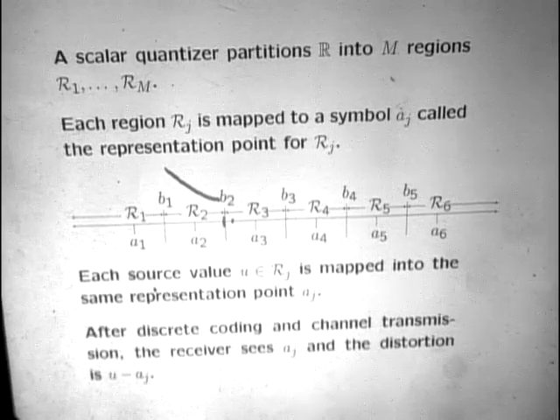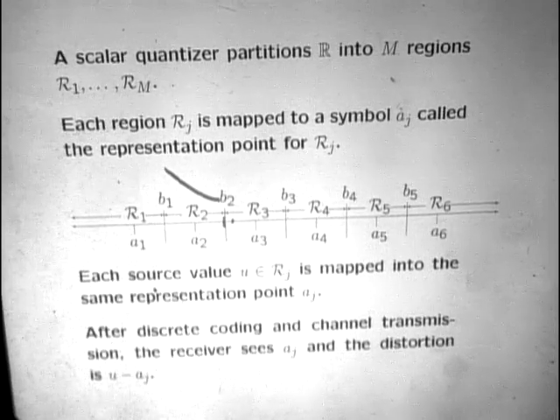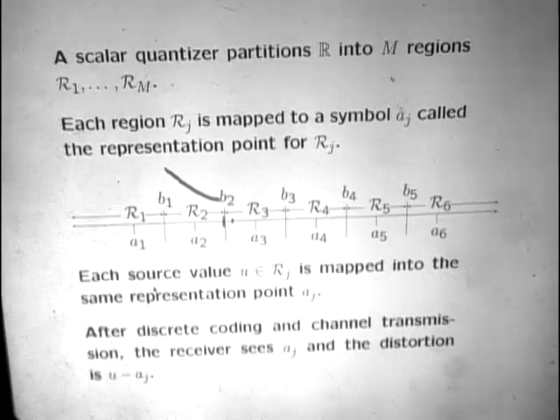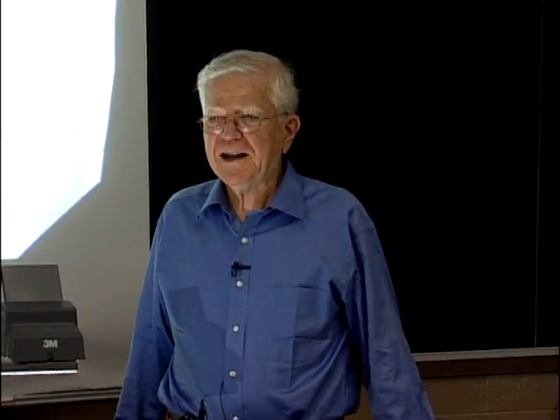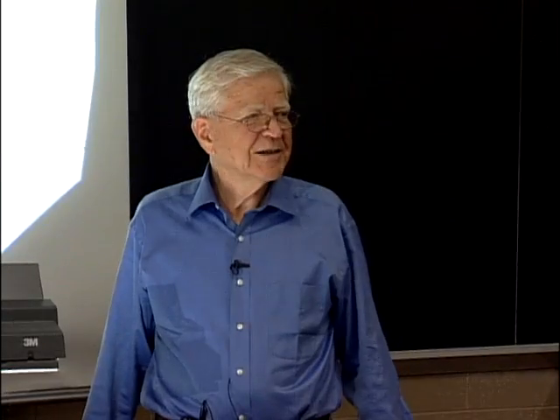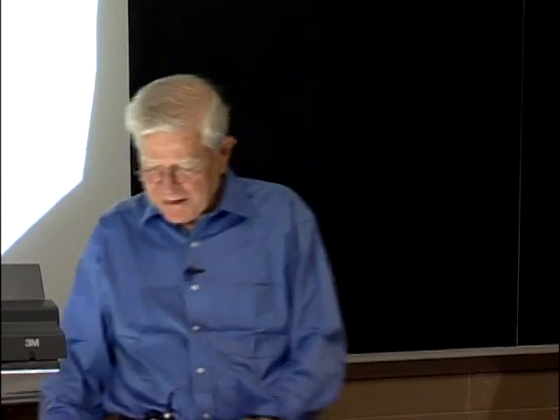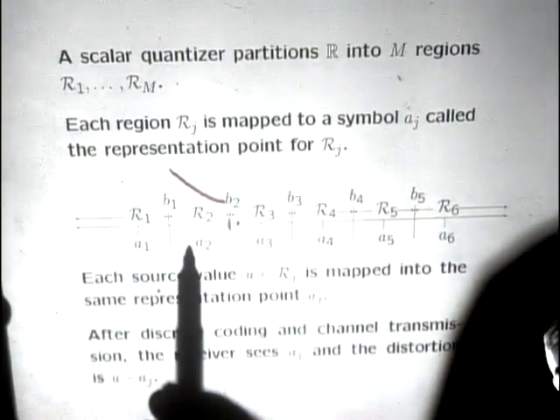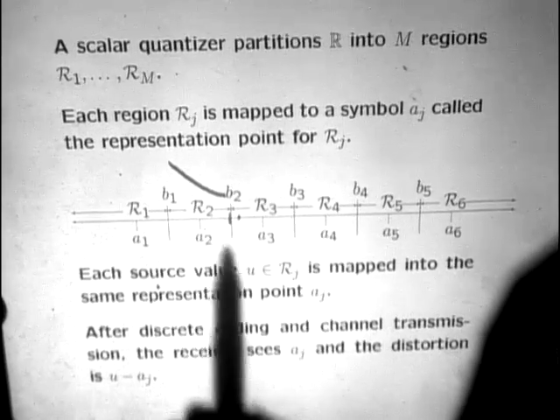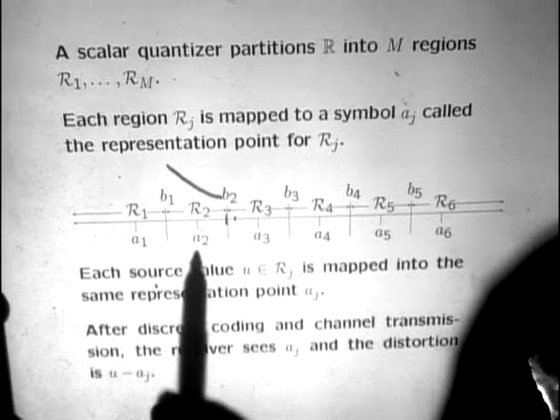Anybody who doesn't know should go back and study elementary probability theory, because this is almost day one of elementary probability theory when you start to study what random variables are all about. And the next thing you start to look at is things like variance and second moment. And what I'm asking you here is, how do you choose A2 in order to minimize the second moment of u, whatever it is in here, minus A2?